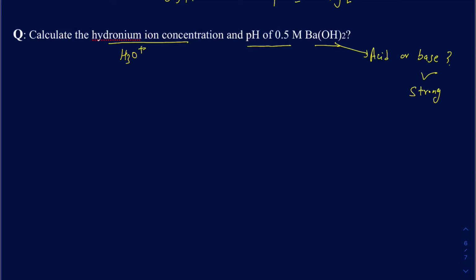What that really means is this base, when dissolved in water, is going to break completely into Ba2 plus and 2 OH minus ions there. Okay, and then figure out what the concentration is going to be for, in this case, the OH minus.